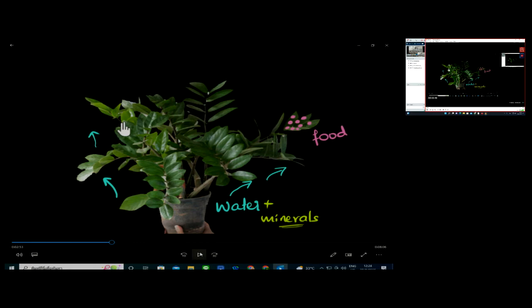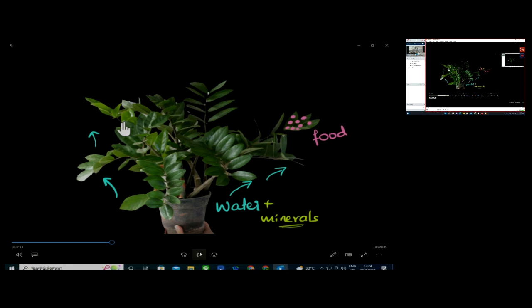The food, the nutrients for the plant, is made through the process of photosynthesis. With the sunlight, the water with minerals, and the carbon dioxide makes food. And that food now, there are some parts of the plant that cannot photosynthesize.